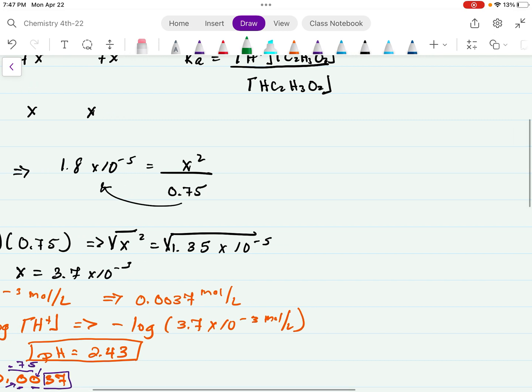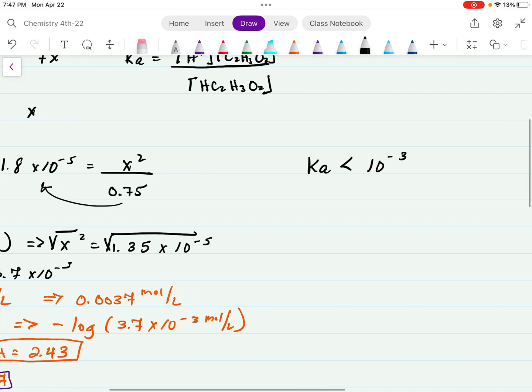Okay, now, what does the Ka represent? So let's take a look. We calculated the Ka, right? Here's what we want to take away from this Ka. If the Ka is less than 10 to the negative 3, then you can be sure that this is going to be a weak acid.